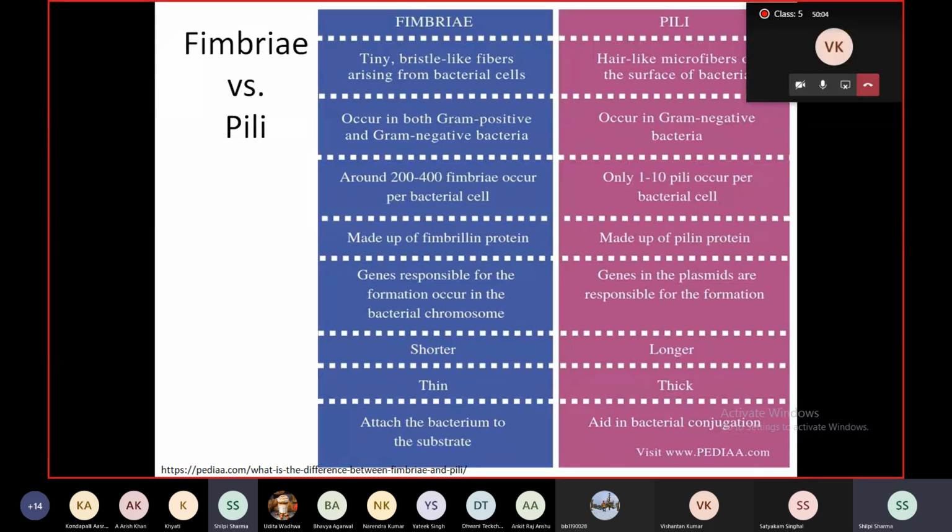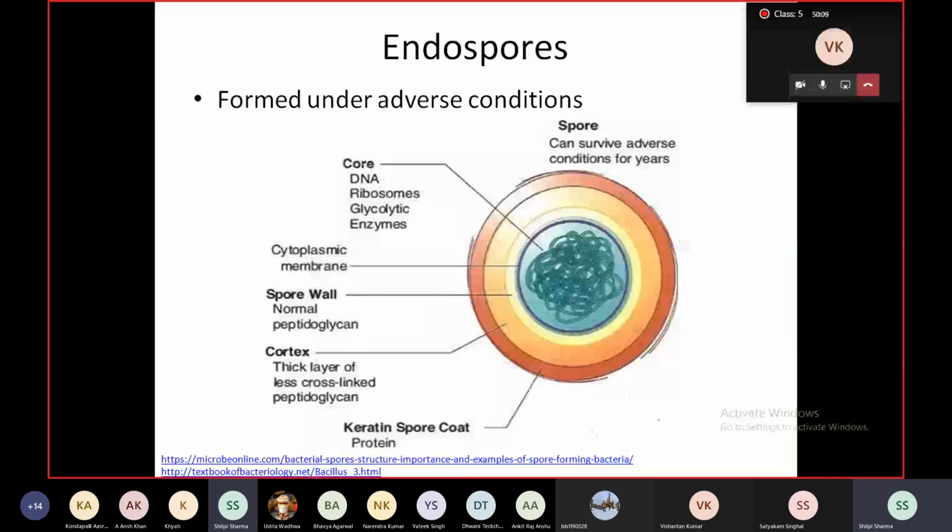Now we'll come to the last structure of the topic in the prokaryotic cell, which is the endospore. Under adverse conditions, some bacteria form a dormant and tough structure called an endospore to evade the stress. So it's a survival strategy for bacteria.